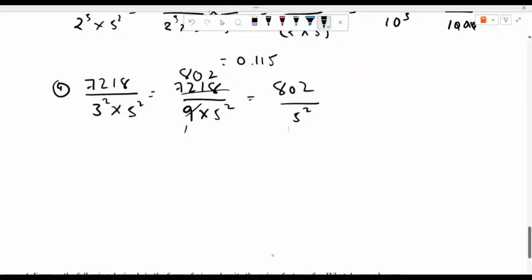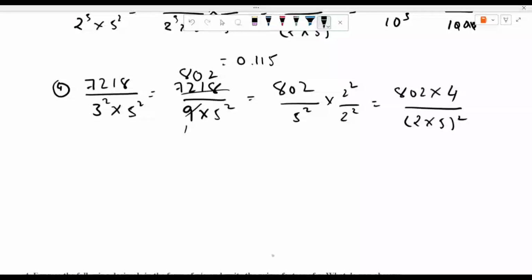Now there is no 2 here, so we will multiply and divide by 2 square. Why 2 square? Because here 5 has the power 2. So it will become 802 into 2 2s are 4, divided by 2 into 5 whole square.